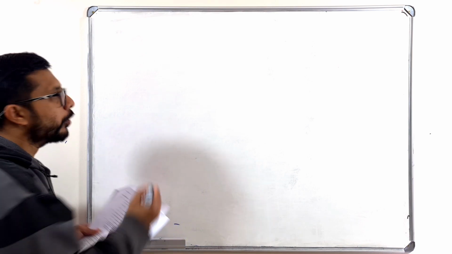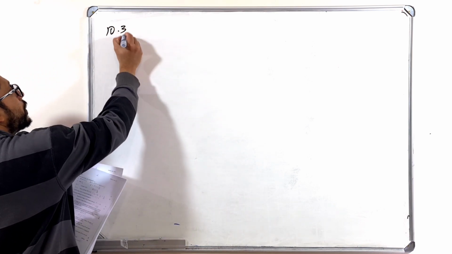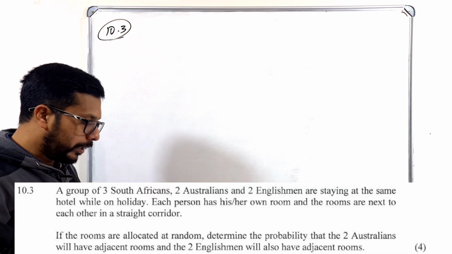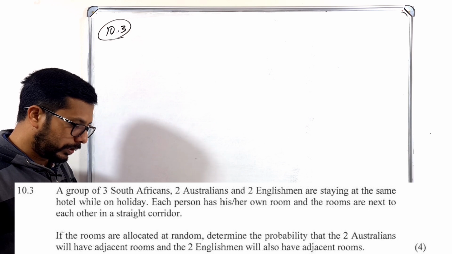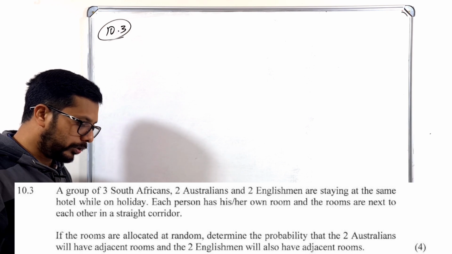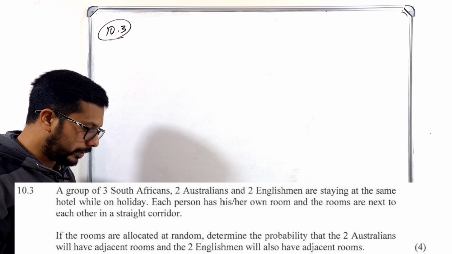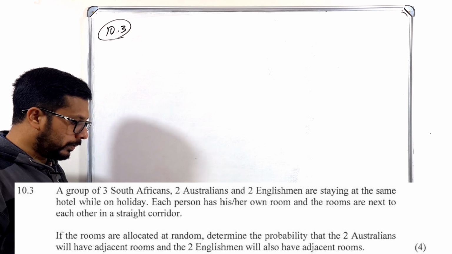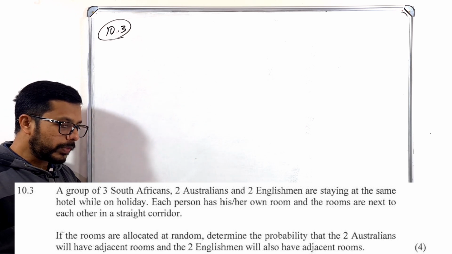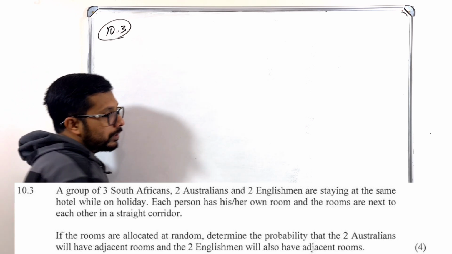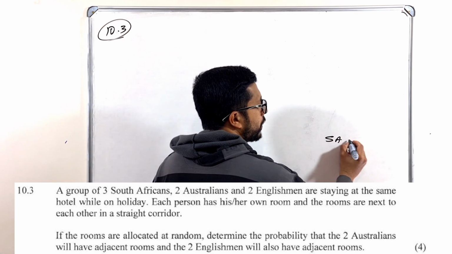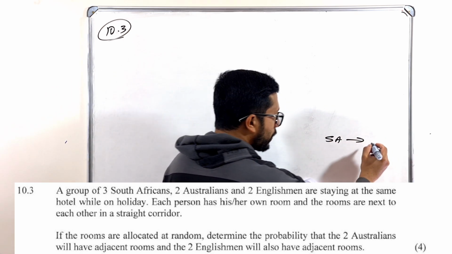Question number 10.3. A group of 3 South Africans and 2 Australians and 2 Englishmen are staying at the same hotel while on holiday. So how many South Africans are there? 3 South Africans.